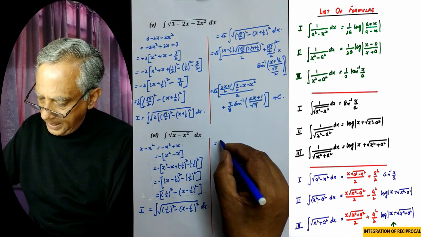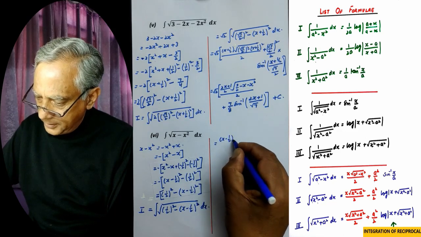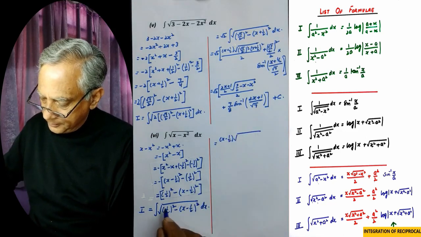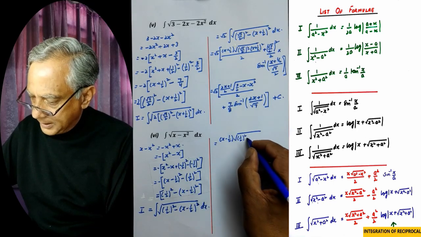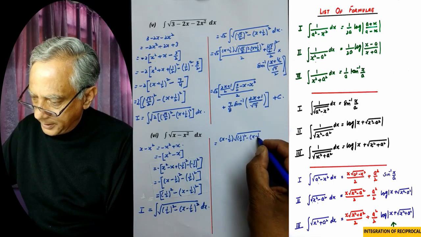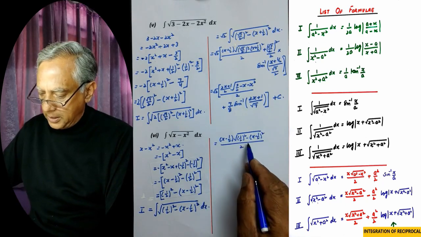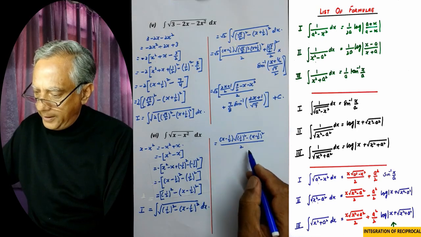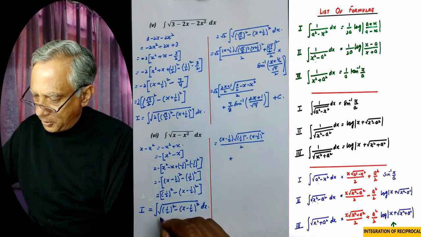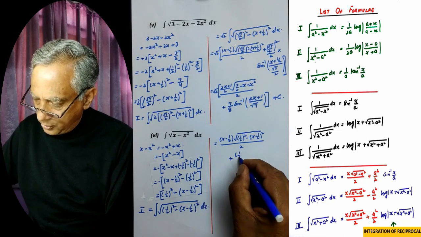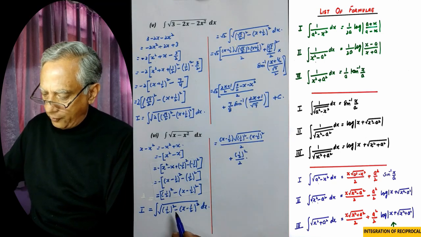So this will be (x minus half) into under root of (1 by 2) whole square minus (x minus 1 by 2) whole square, by 2, plus, because a square is positive, (1 by 2) whole square by 2 into integration of its reciprocal.